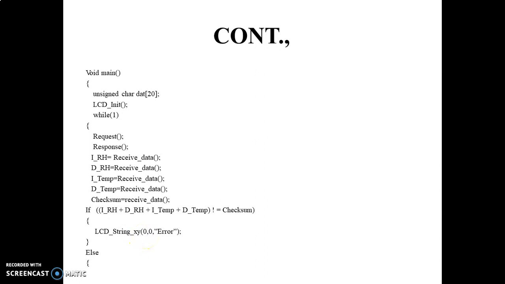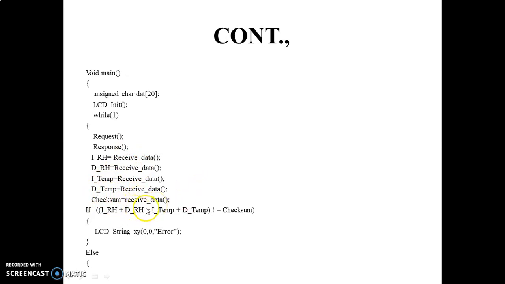Then initialize the LCD, then send the start pulse, then receive the response, then store the first 8 bits in I_RH, then the next 8 bits in D_RH, then the next 8 bits in I_temp, then the next 8 bits in D_temp, then store the next 8 bits in checksum.